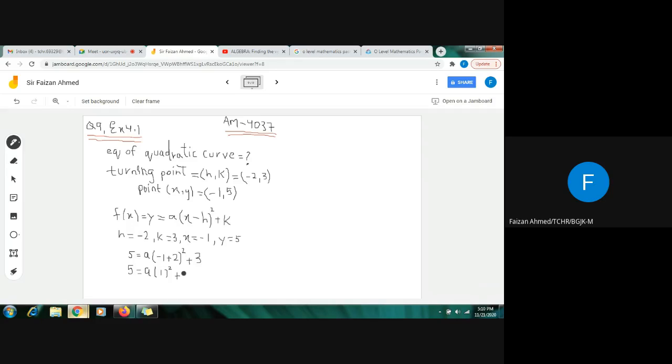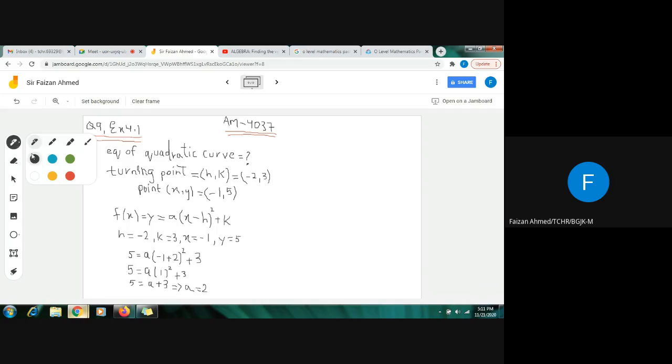So 5 equals 1 times a plus 3. The +3, when it goes to the other side, gets subtracted, and the value of a equals 2. So I have calculated the value of a.